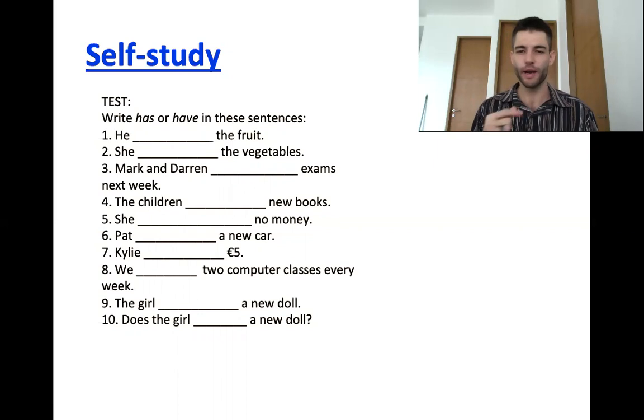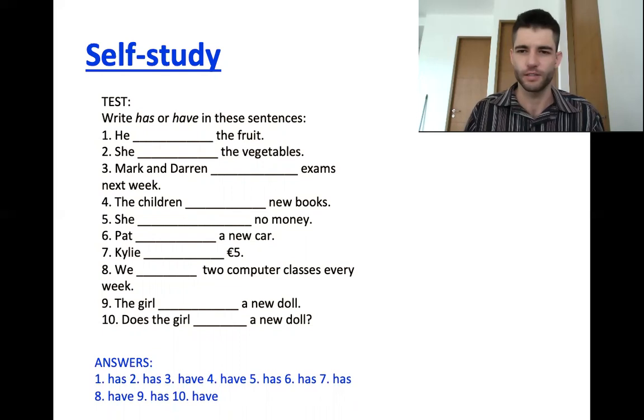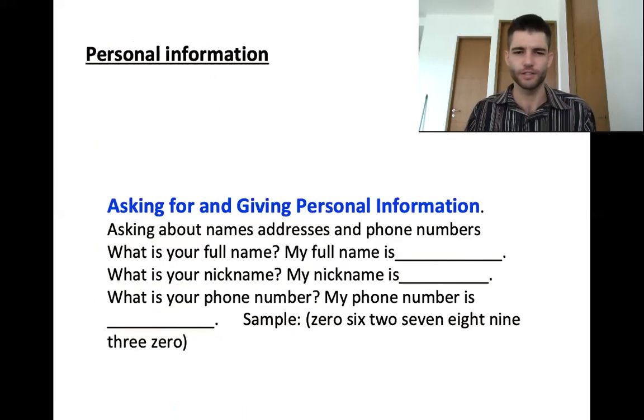So if you want to practice a little bit more, I am not going to read it now because we have a long lesson to do. So you can do this by yourself. You can pause the video, try to answer them, and then you can play because there at the bottom are the answers. So you don't want to look at the answers first, practice first.